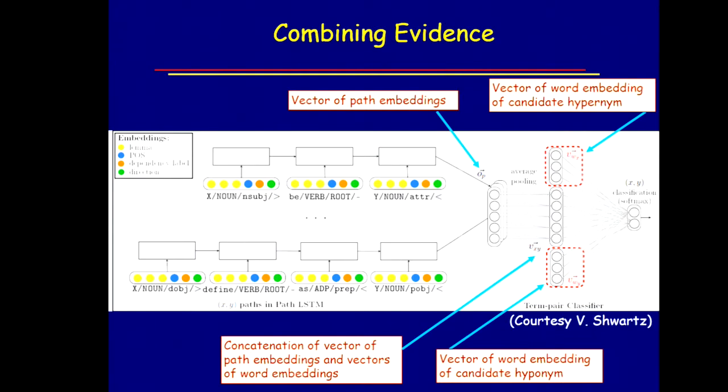Are you sort of going up or down, or away or towards? So these 4 pieces of evidence, this is what is collected for each word. And then you have multiple words, multiple tokens in the path connecting, as I said, the candidate hyponym and the candidate hypernym in the sentence.